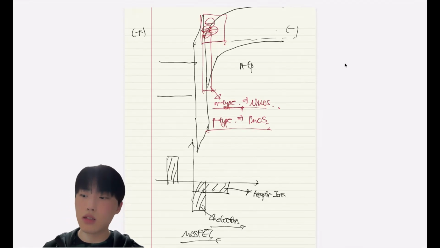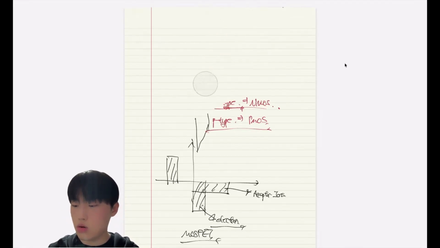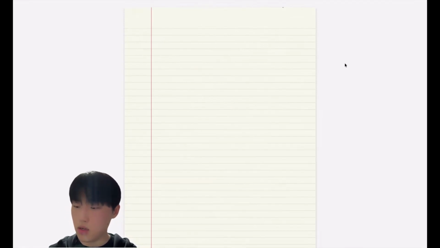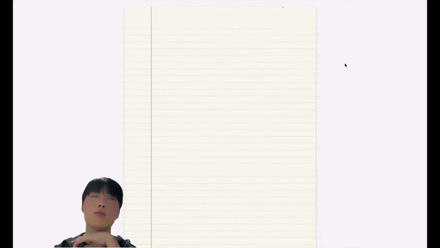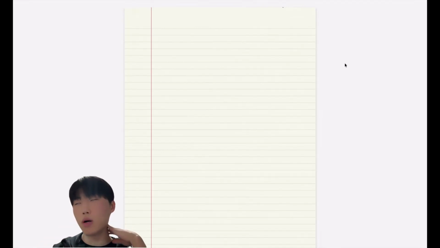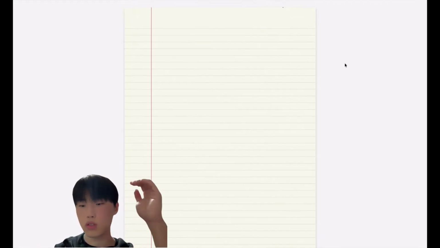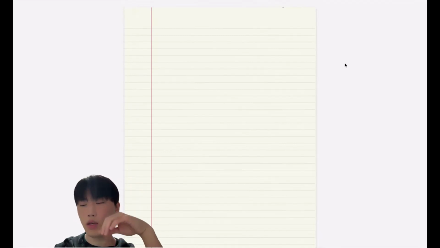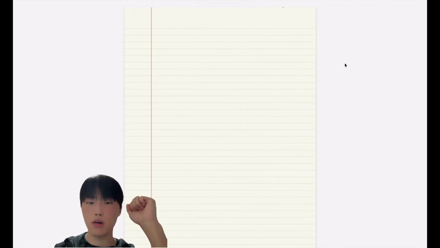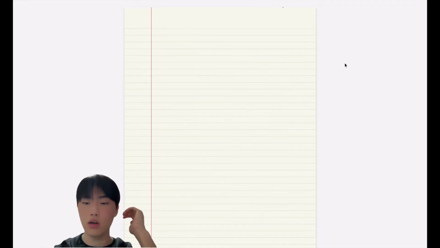So yes, this video was the orientation of the MOSFET, some talking about the MOSFET and MOSCAP. We drew the MOSCAP and talked about its formula, VG equals V flat band minus QS over Cox plus psi S. And we drew the energy band diagram of the MOSCAP, with the accumulation part and the inversion part.